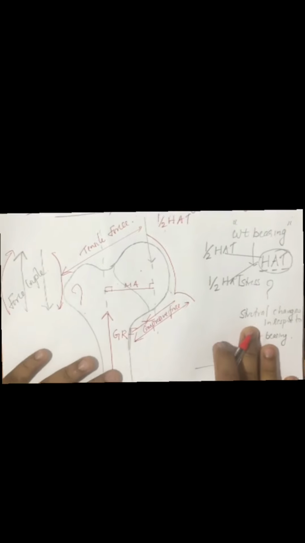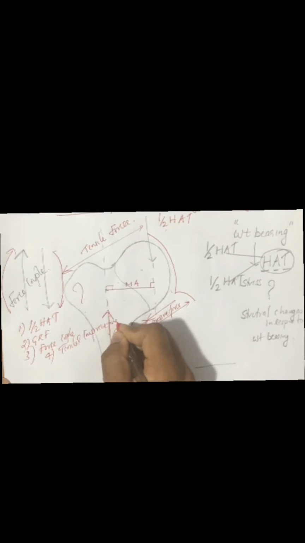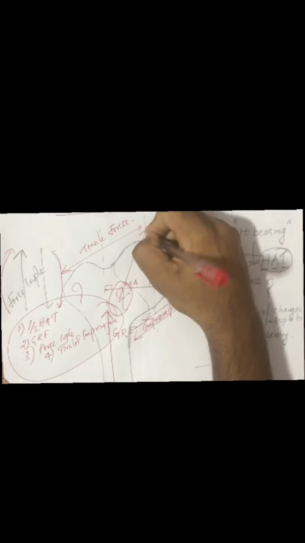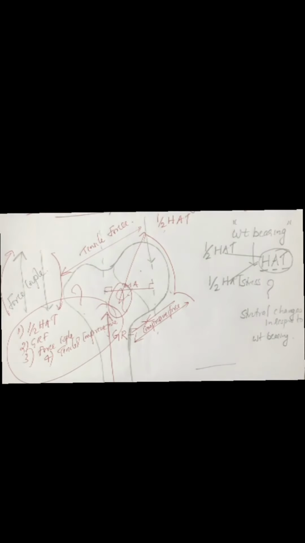So all these things, first, the half weight of HAT, second, the ground reaction force, third, the force couple generated, fourth, the tensile and compressive force, have to be balanced. How? And that answer is the structural adaptation. Let us see what are the structural adaptations to weight bearing.